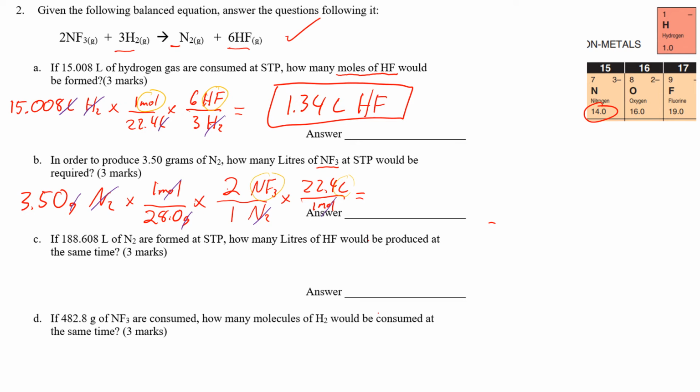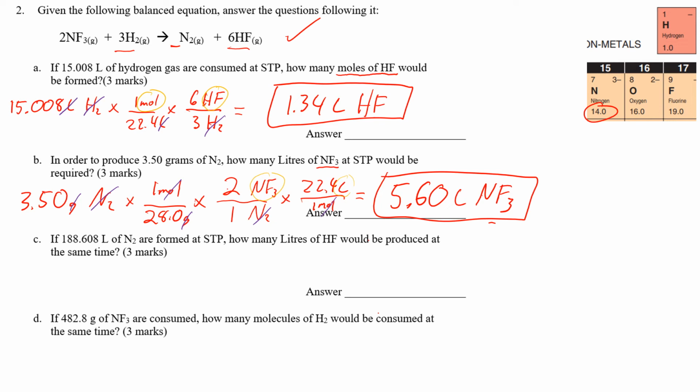I want liters of NF3. Throw that in my calculator: 3.5 divided by 28 times 2 times 22.4 equals 5.6. My answer should be in 3 sig figs, so I'm going to add a 0 right there. And that's my answer.